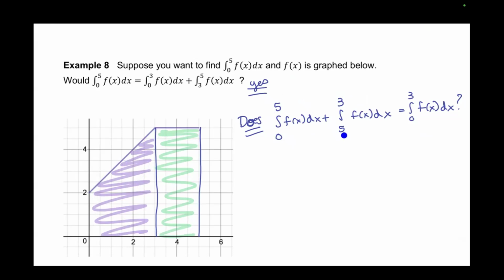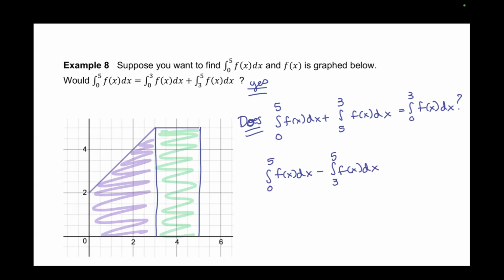Notice here, 5 is greater than 3. Since I have switched the limits of integration from the way I normally look at it, which is the lower value first at the bottom, this is going to be the negative. So I've got the integral of 0 to 5 of f of x dx minus the integral of 3 to 5 of f of x dx.